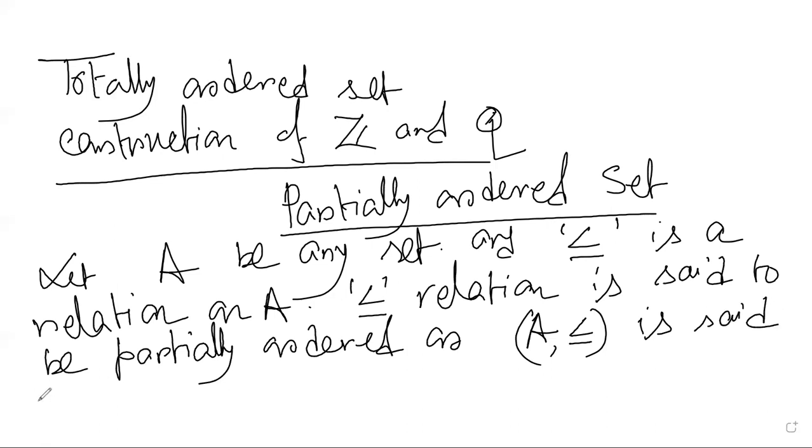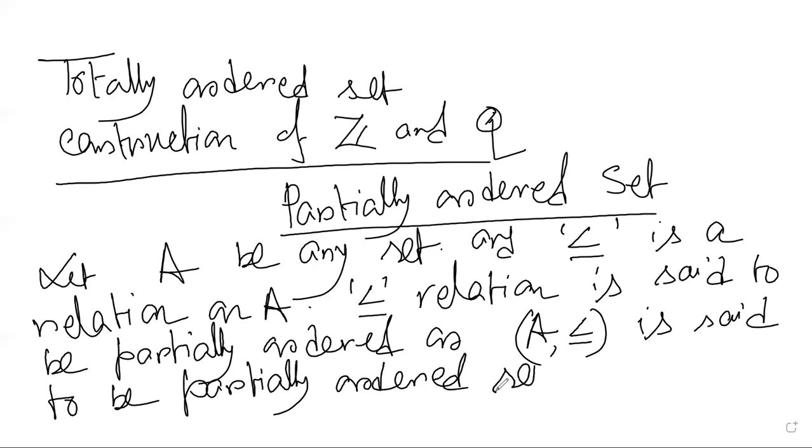A is said to be a partially ordered set, or in short, POSET, if this relation is reflexive.